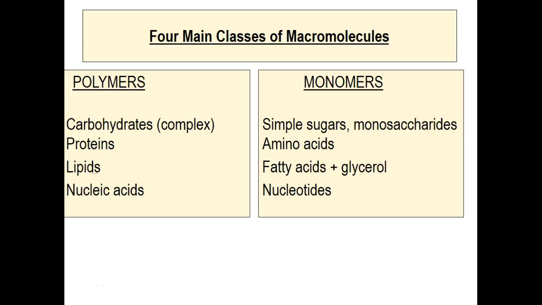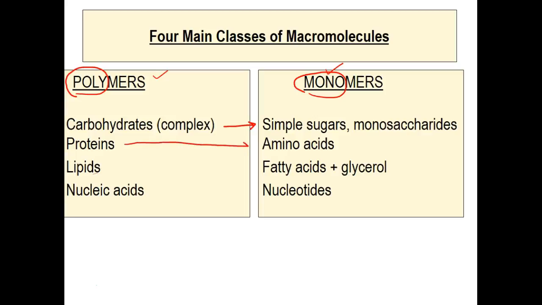This slide covers the four main classes of macromolecules. You have polymers, which are the four main classes of macromolecules, and each of these polymers is made up of a monomer. So poly means many units, and mono is a single unit. For example, carbohydrates are made up of simple sugars known as monosaccharides.